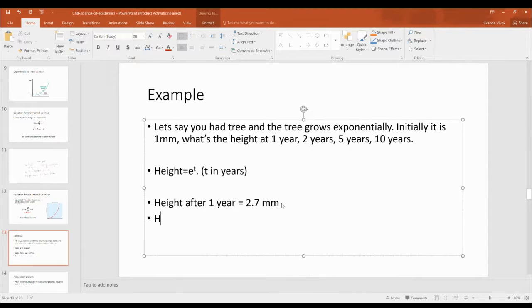What's the height after 2 years? Somebody said 7.4. 7.4 millimeters, so still not big at all. It's not even a centimeter at that point, right?